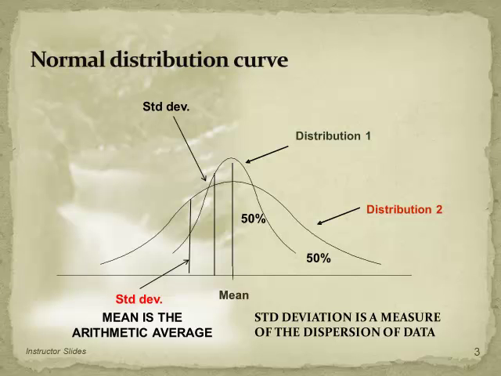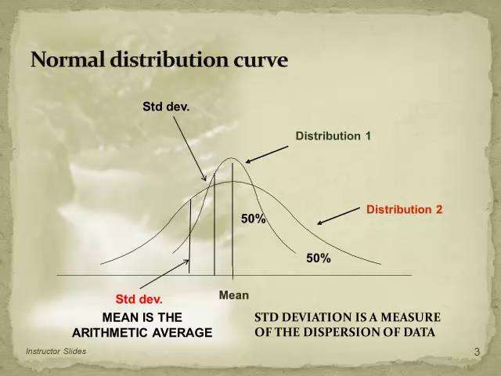The other primary parameter of the normal distribution curve is the standard deviation. The standard deviation is a measure of the dispersion of the data. Another way of saying dispersion is how far spread out the data is.